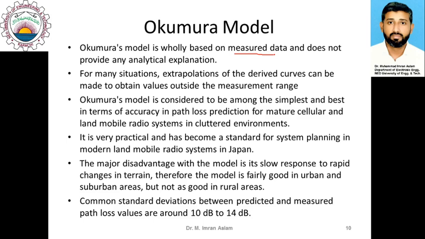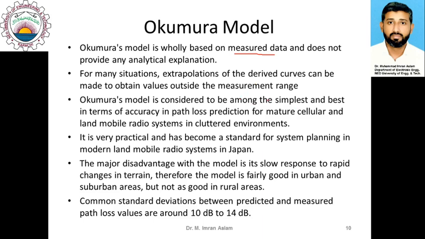For some cases we can extrapolate the curves, but generally this model is valid for the specific ranges that I showed previously, though sometimes we can extrapolate if the change is smooth.